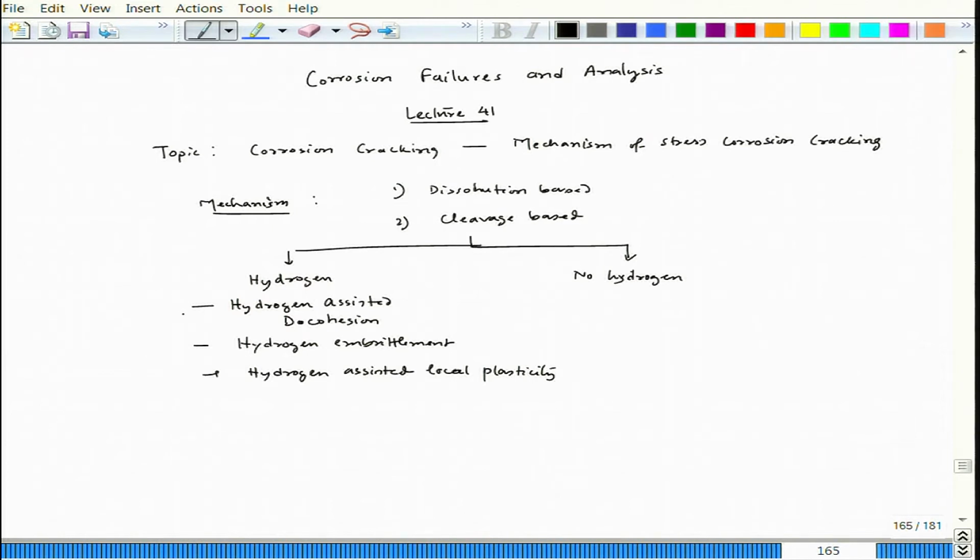In all those cases, we need atomic hydrogen, which somehow diffuses in, or goes to the crack tip. So, atomic hydrogen is involved. Another kind of hydrogen related cracking is observed, which is called hydrogen blister.